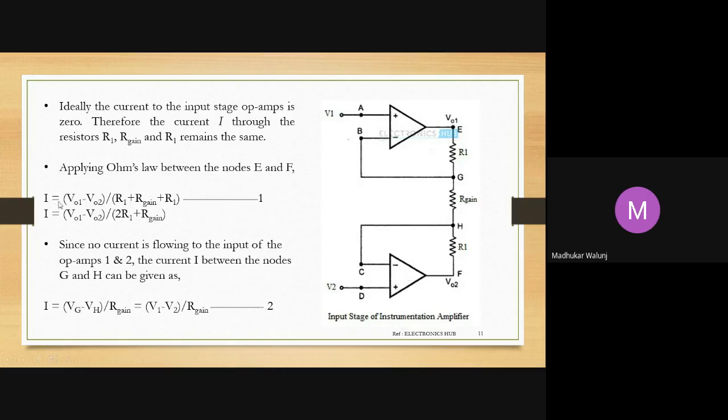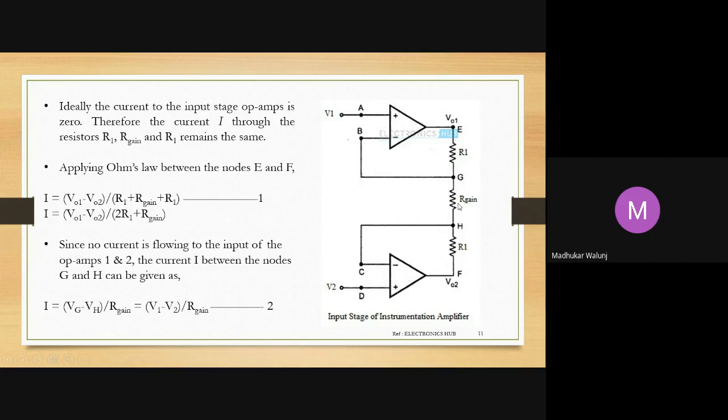The first equation is that I is equal to VO1 minus VO2, in brackets, divided by 2R1 plus R gain. In the case of R gain only, I is equal to V1 minus V2 divided by R gain.